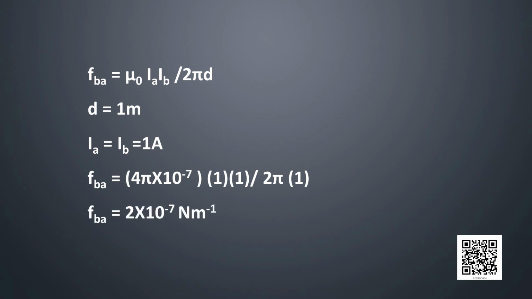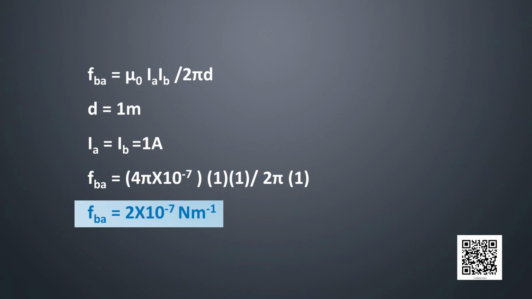So, on solving it, I will get force on B due to A per unit length equal to 2 multiplied by 10 raised to the power minus 7 newton per meter. This is the magnitude of fba.